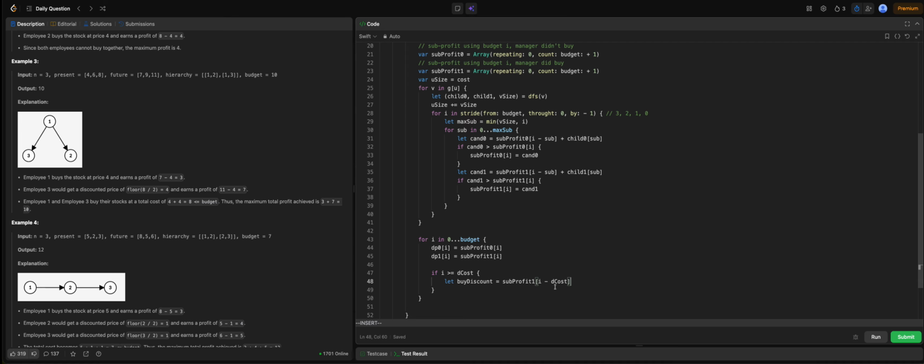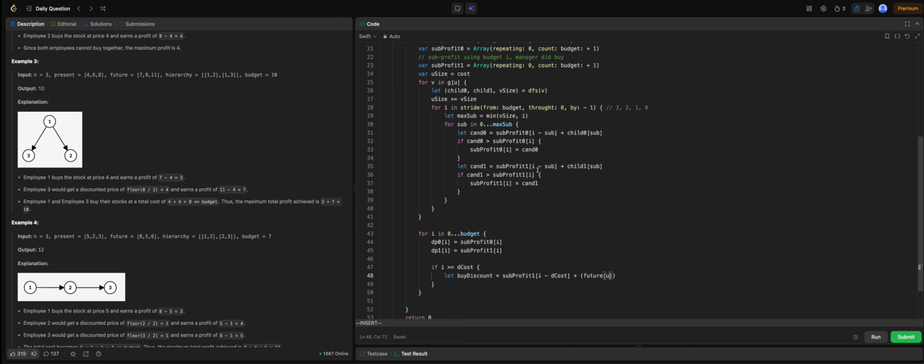So we are removing our discount cost from the budgeting, and then we directly calculate the profit, which is the future of u in here, which is our employee, and then deduct the discount cost. And then if our buying discount is greater than our discount price, which is dp1 of index, or not index, should be i, I'm going to update the dp1 of index with the buying discount.